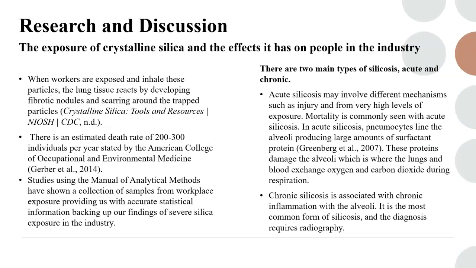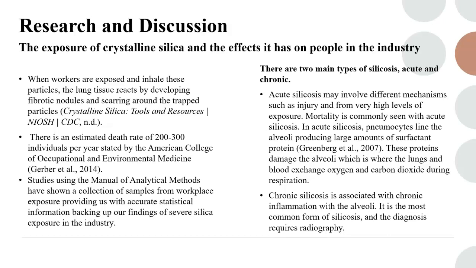Quick research and discussion in regards to the exposure of crystalline silica and the effects it has on people in the industry. So when workers are exposed to these types of particles, the lung tissue reacts by developing fibrotic nodules and scarring around the trapped particles.